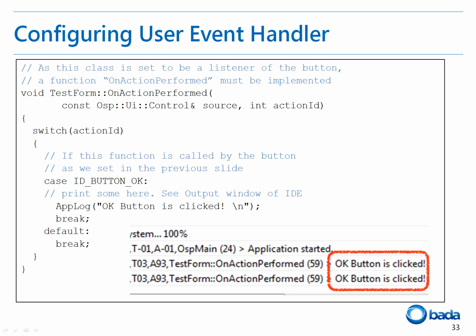So, the code here is implemented as checking the action ID, and if it is ID_BUTTON_OK, the message that the OK button is clicked is printed in the log. If you compile and run the code, you can see the log as shown in the output window.